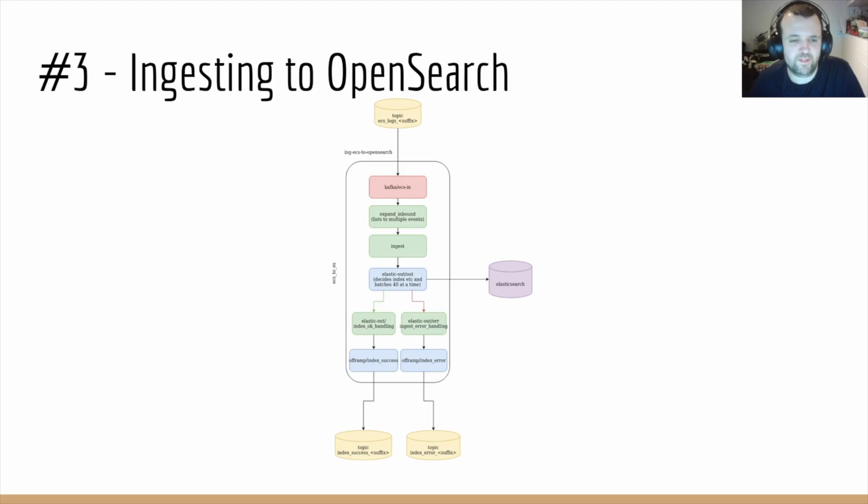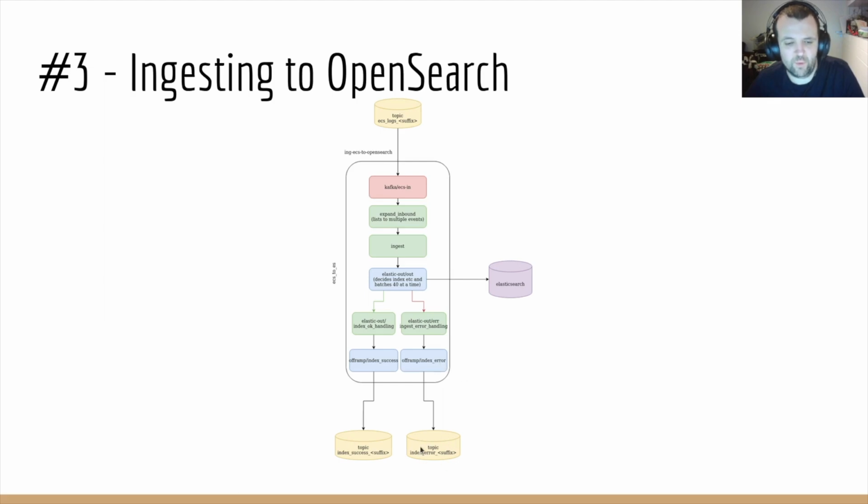And then lastly, we have a separate one whose sole mission is to pop stuff off of the ECS logs topic and then drop it off into Elasticsearch. And based upon the example in Tremor, we have an index success topic and an index error topic in Kafka.